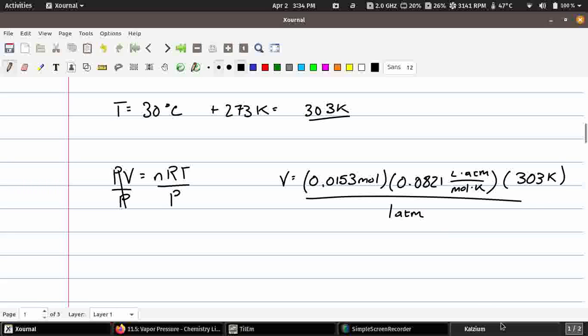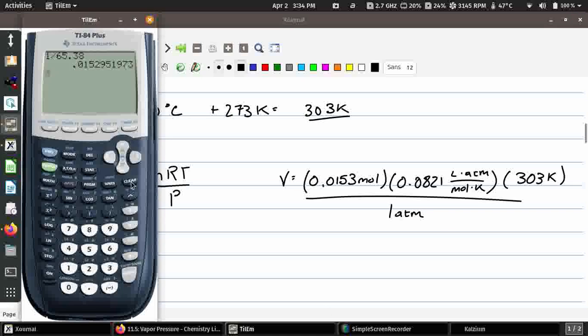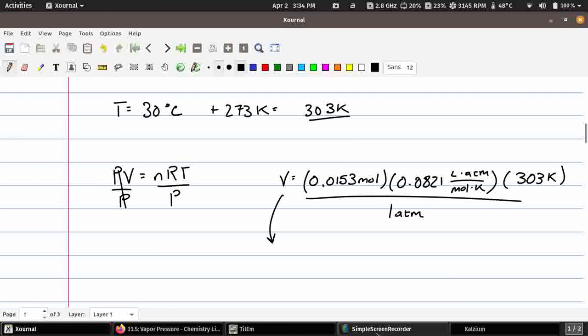Let's plug this in and see what we get. 0.0153 times 0.0821 times 303 gives us about 0.380 liters.